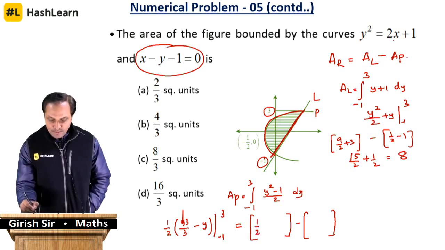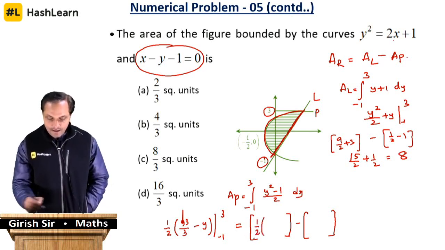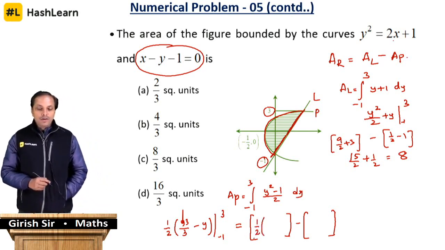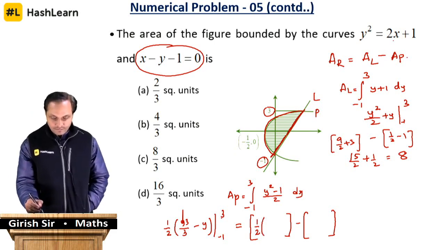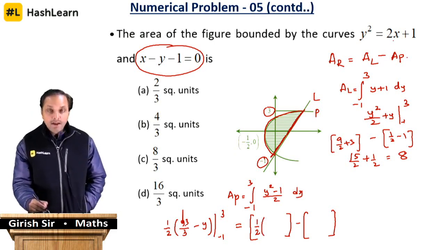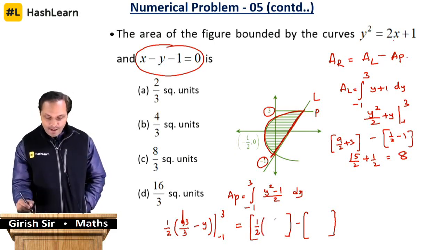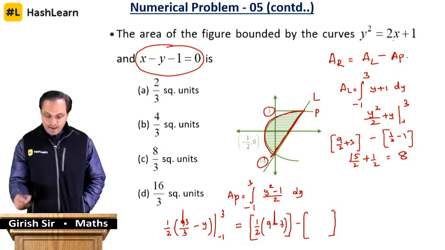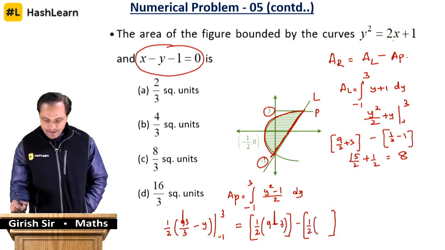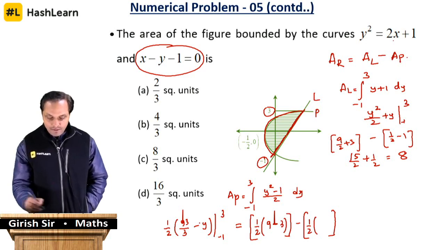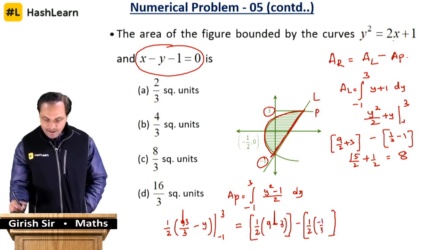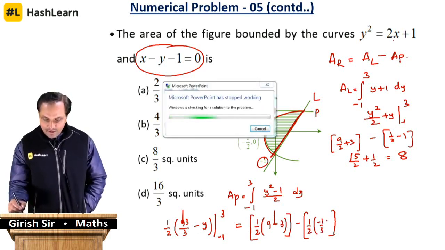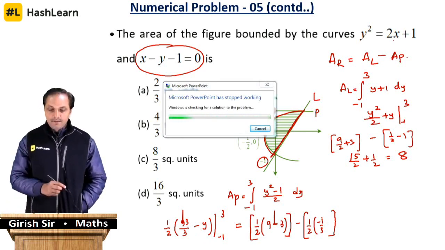Here I put half, and when I put 3, 3 cube is 27 by 3 is 9, minus 3. The lower limit is minus 1, again with half. That will give you minus 1 by 3, minus of minus 1 will give you plus 1.